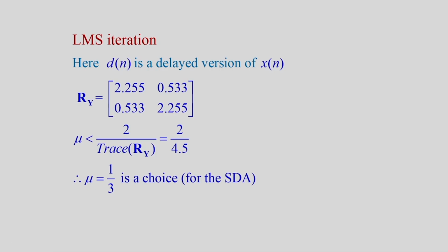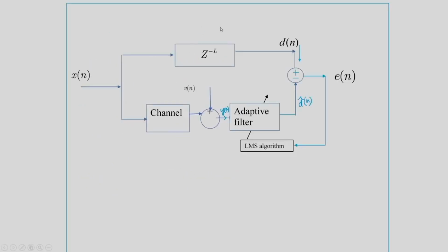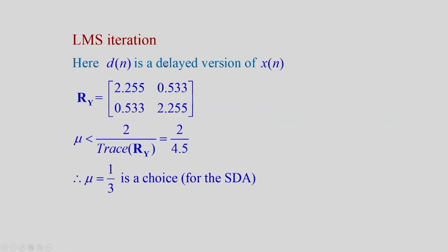Now, let us see how to get the LMS solution. So we have to get d of n in this diagram. So that way d of n is a delayed version of x of n, that is also input to the algorithm, and Ry is given by this. In this case, we can determine what should be the value of mu, because Ry is given.